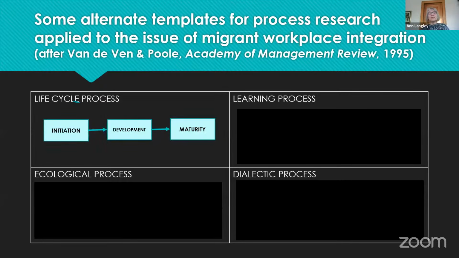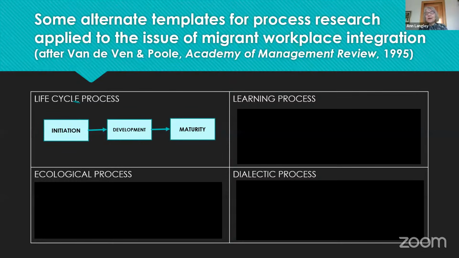So the first one is a process that evolves over time in a predictable way. So, you're a refugee into a country, you try and get a job, you go through certain processes of development, and at some point you reach a level of maturity integrating into your workplace. So this is a very linear process model, and it assumes that there are kind of deterministic phases through which you pass.